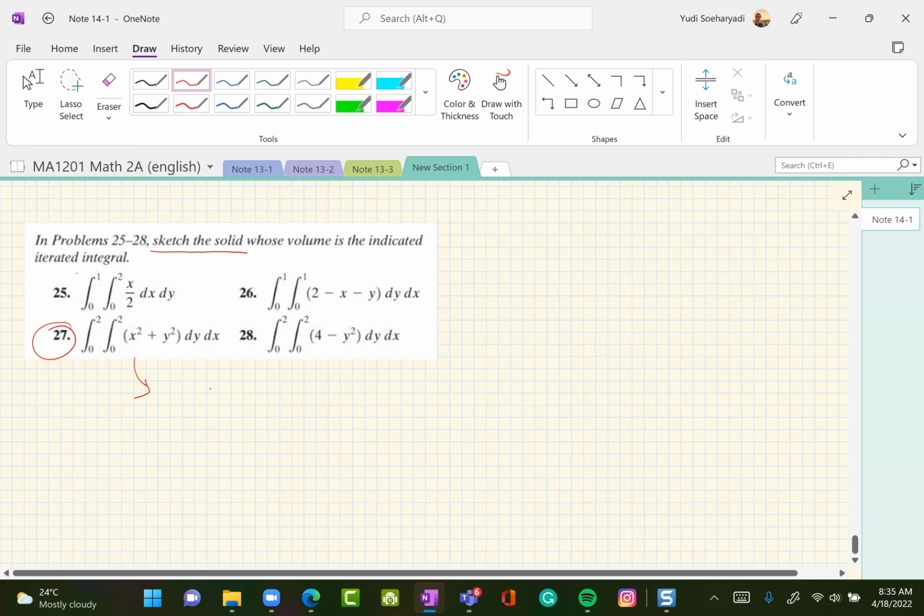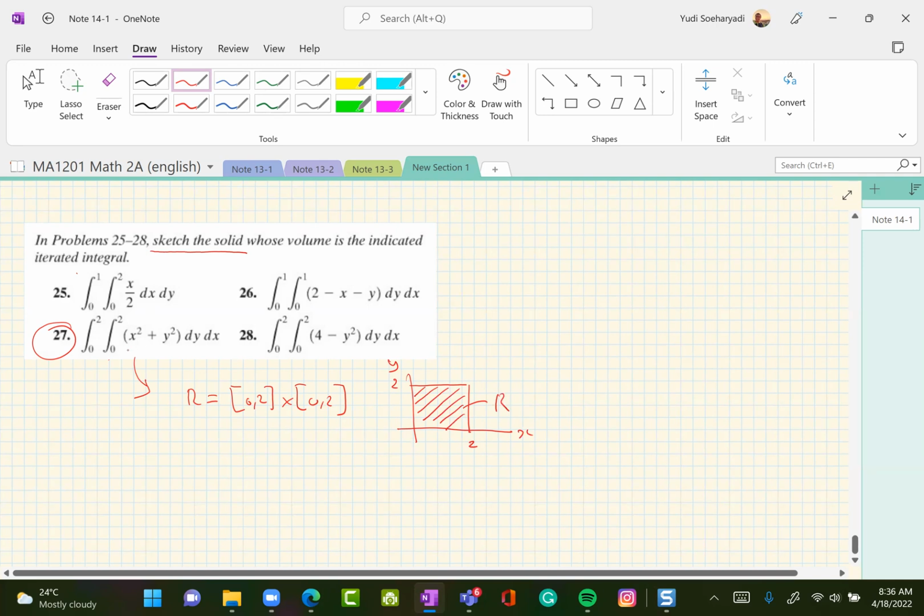According to this one, R is [0, 2] cross [0, 2]. So you're looking at this one. That is our R.